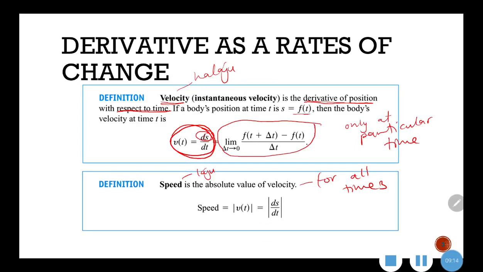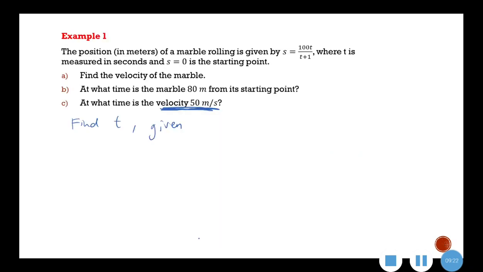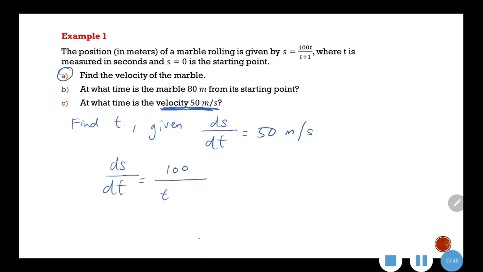Velocity is ds over dt, equal to 50 meters per second. We have already solved ds over dt in question 1a: 100 over t plus 1 square equal to 50.